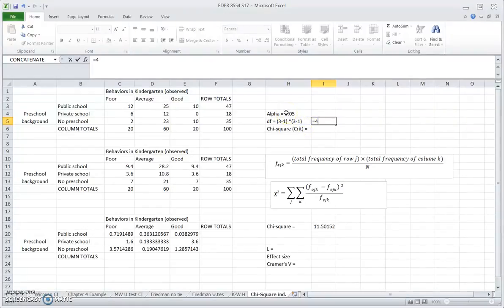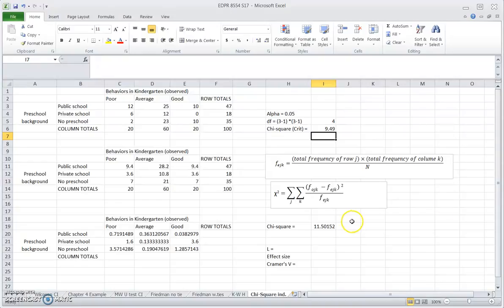With alpha equals 0.05 and degree of freedom of 4, the critical value from the table is 9.49.